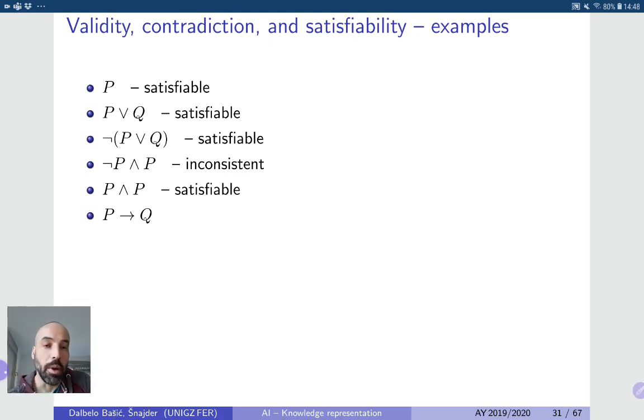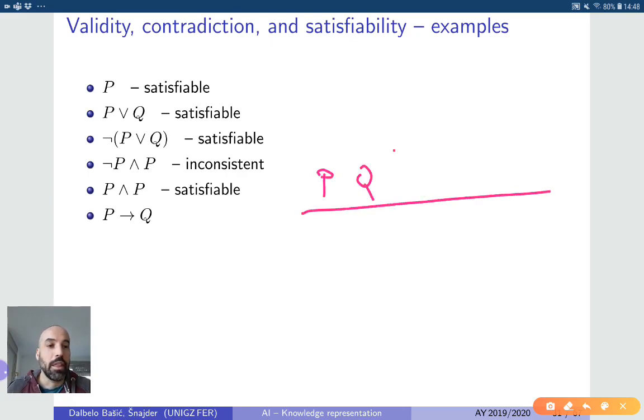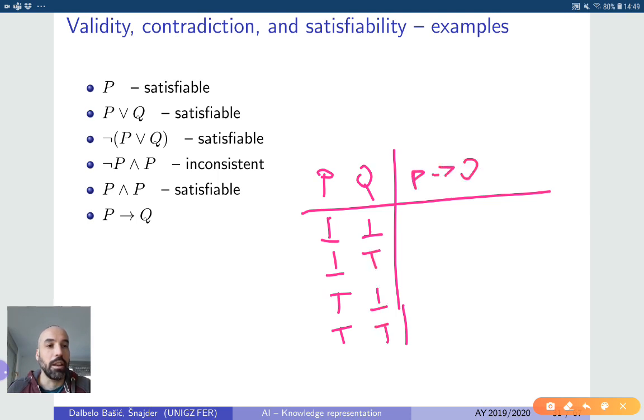P implies Q. Well, it's an implication, and we know from the truth table of an implication, but let's have it here again, that the truth value of the implication looks like this, right?